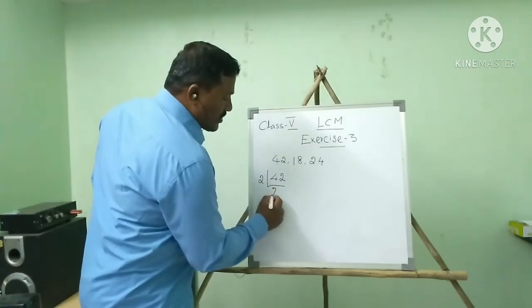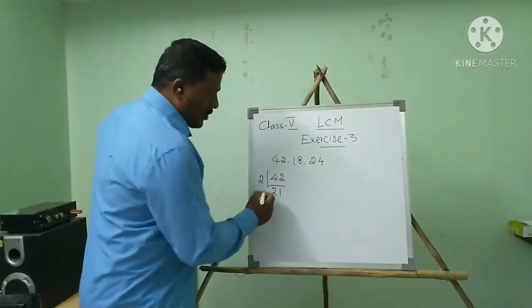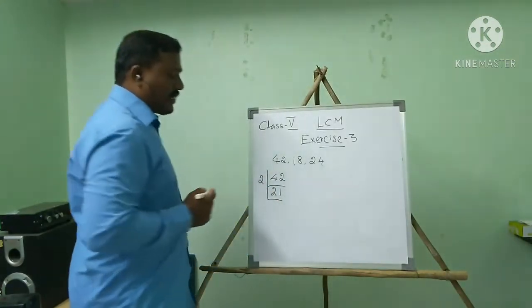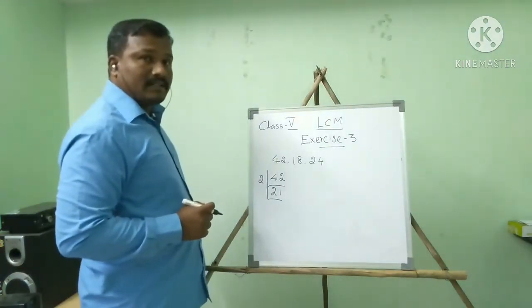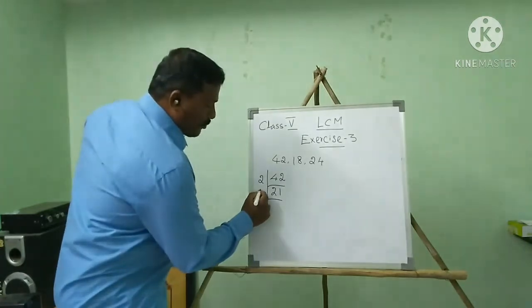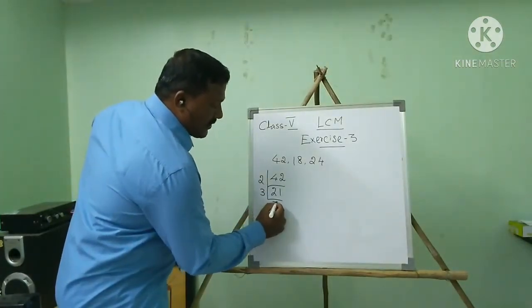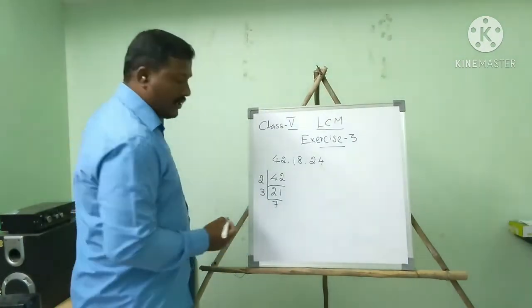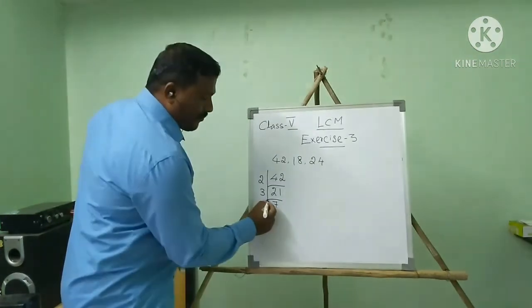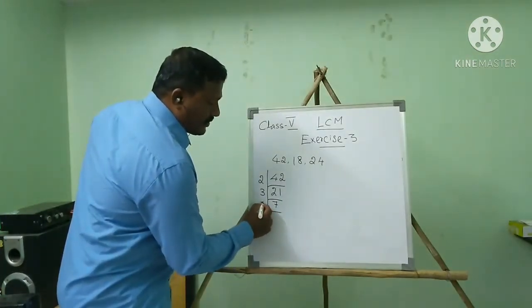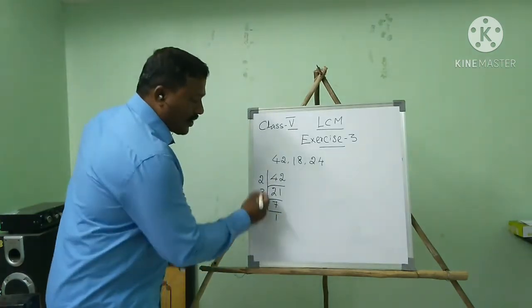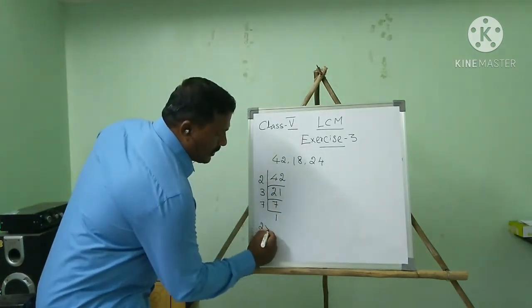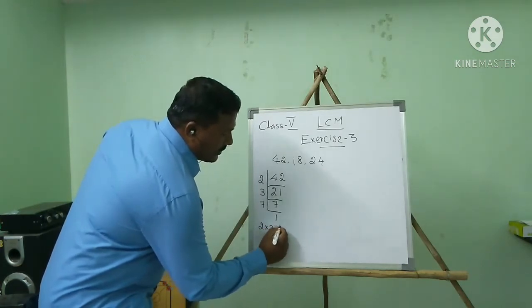Now which number can we divide? 3 table. 7 3s are 21. So if you put 3 here, 7 3s are 21. Now we can divide by 7. 7 ones are 7. So the factors are 2 into 3 into 7.